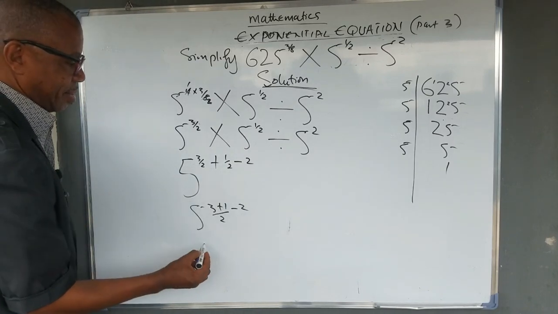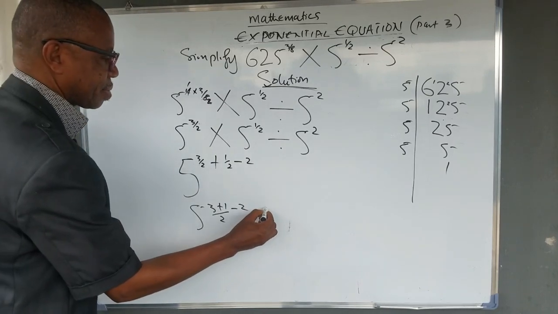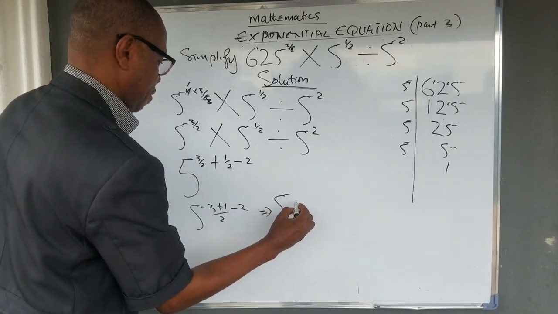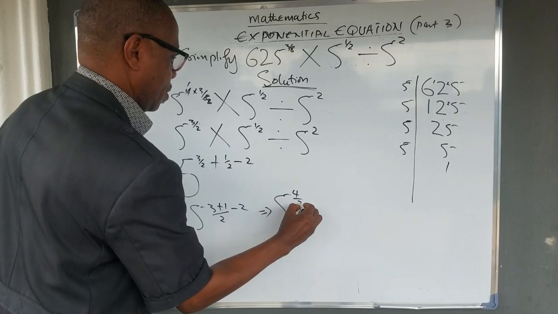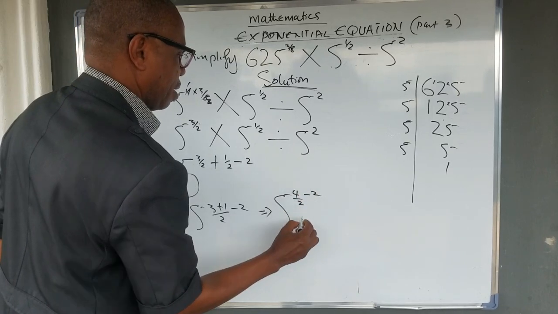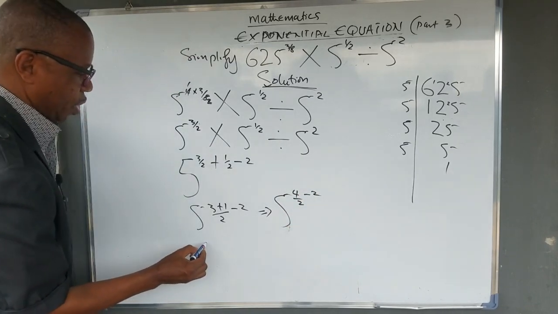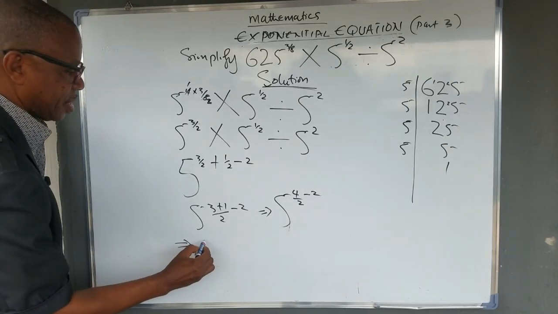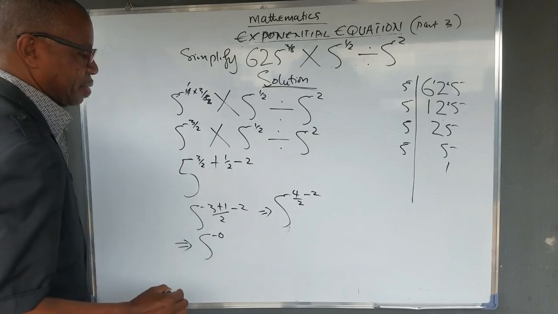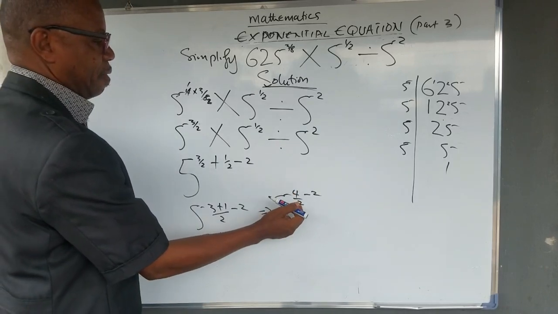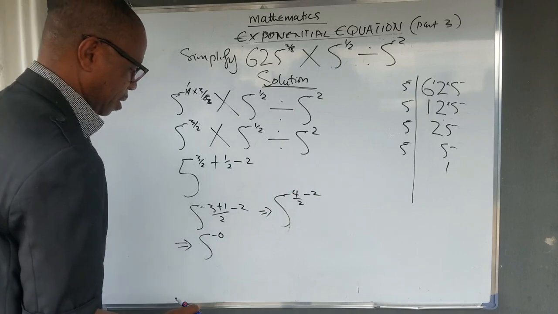That is the same thing as 5 raised to the power 4 over 2 minus 2, which finally will give us 5 raised to the power 0, because 4 divided by 2 is 2, 2 minus 2 is 0.